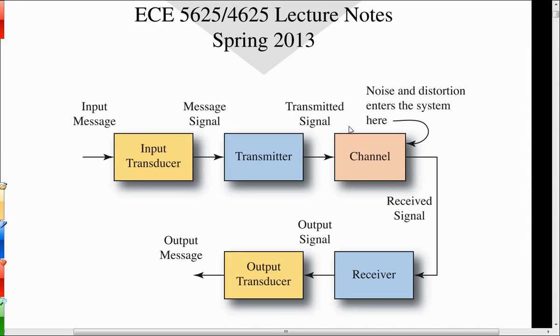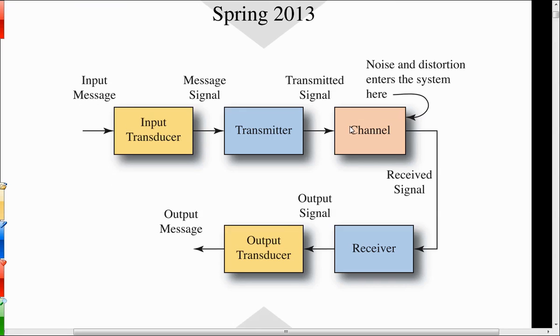So on the cover of the notes, I've got this block diagram, and this is going to be kind of our theme throughout the semester. We're going to have a message that we want to send by some means, wireless means, wired, whatever, and that gets configured in electronic form to go into the transmitter, and then it goes through a channel, which might be free space propagation.